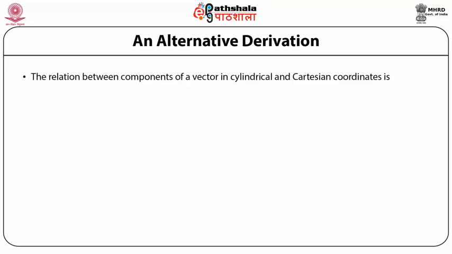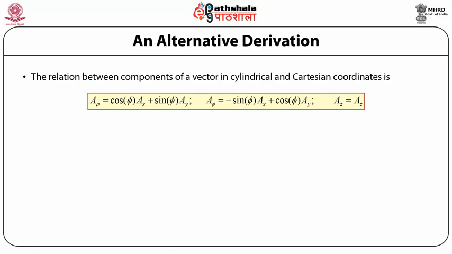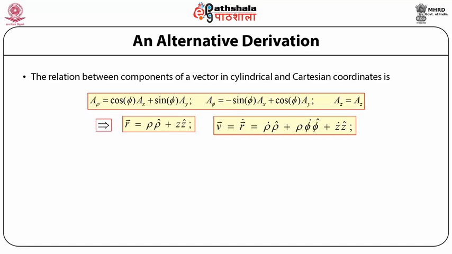The relation between components of a vector in cylindrical and Cartesian coordinates is A rho equals cos phi Ax plus sin phi Ay, A phi equals minus sin phi Ax plus cos phi Ay, and Az equals Az. This implies the position vector R equals rho rho cap plus z z cap, and the velocity vector V equals R dot vector, equals rho dot rho cap plus rho phi dot phi cap plus z dot z cap.